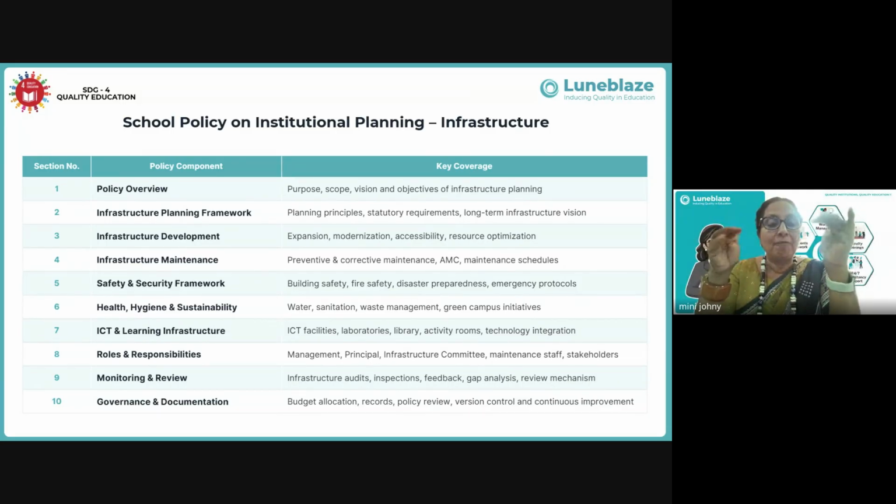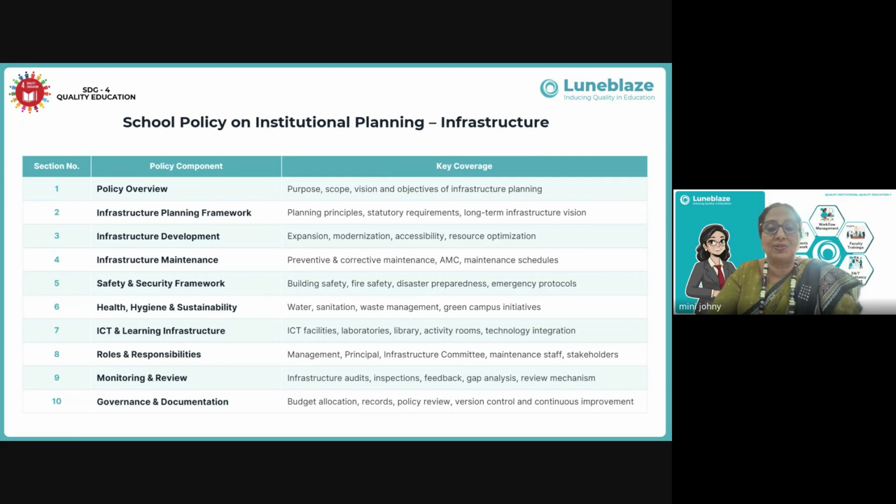And the infrastructure planning framework: planning principles, statutory requirements, long-term infrastructure vision. We should think about that, but I believe we need not spend a lot. See, some of the managements invest everything, but recording or documents or planning is not happening.